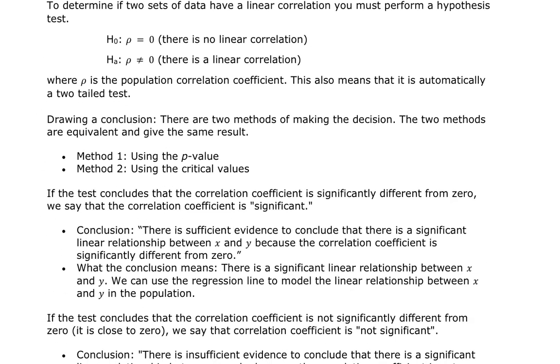So what we're going to do is draw a conclusion. We can do it one of two ways. We can use the p-value, or we can use critical values. If the test concludes that the correlation coefficient is significant, and it's different from 0, we'd say there is sufficient evidence to conclude that there is a significant linear relationship between x and y because the correlation coefficient is significantly different from 0.